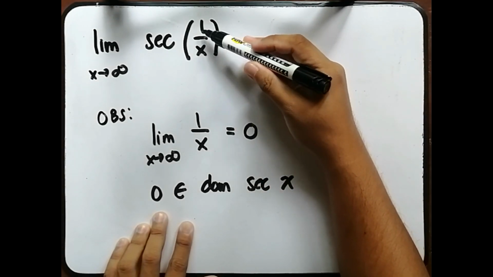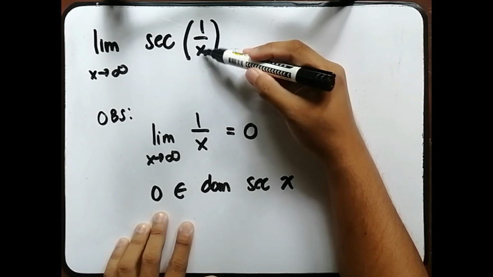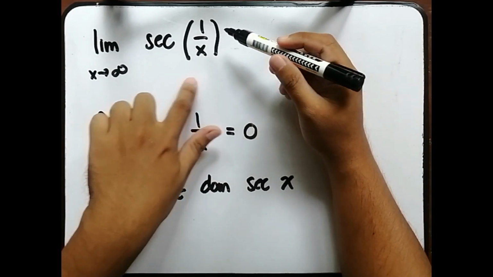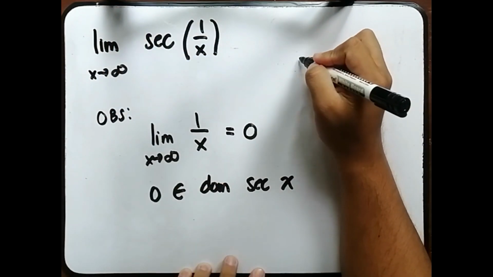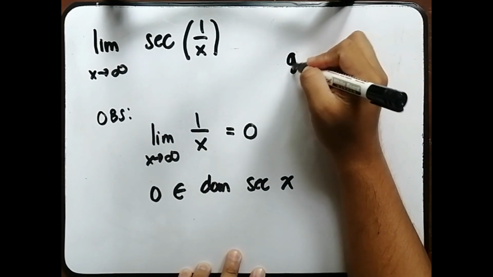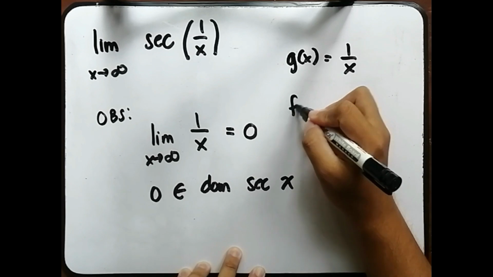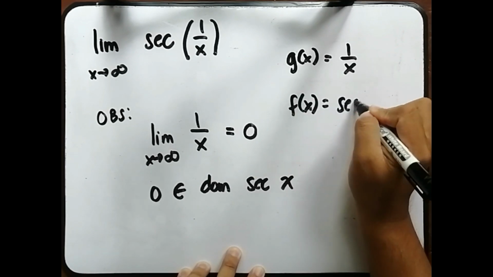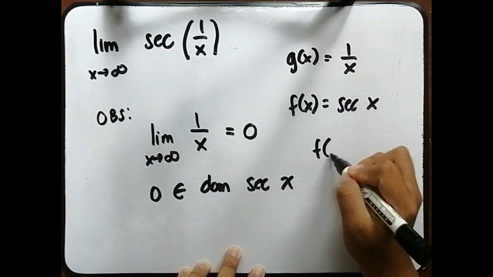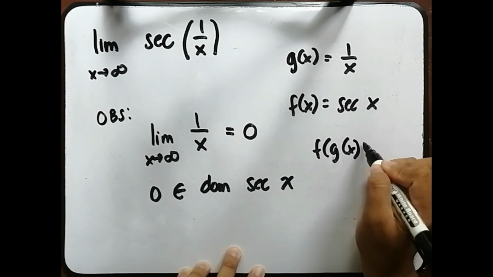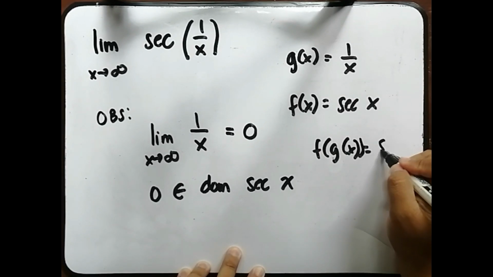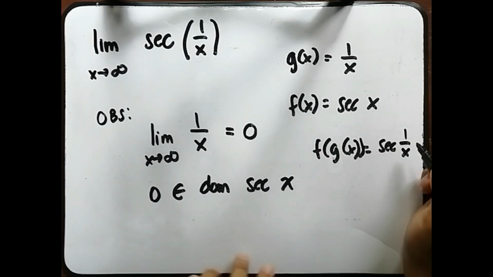Diba? Doon sa theorem 2 natin. Sabi ng theorem 2 natin, kung meron tayong, parang ganito yan. g of x is equal to 1 over x. Tapos, f of x equals secant x. Therefore, f of g of x equals secant of 1 over x. So, parang ganon.